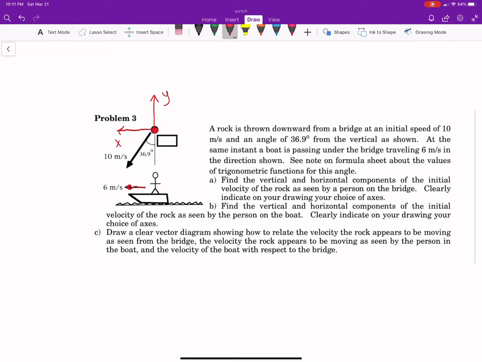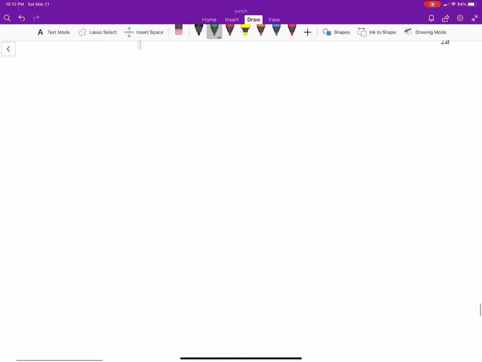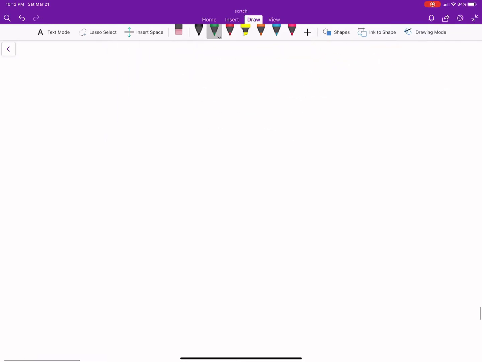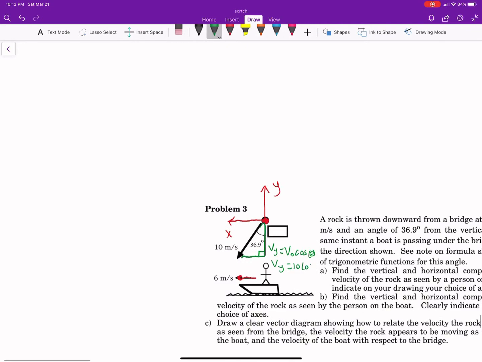Okay, so let's examine this triangle here. We have our velocity in the y direction, which is going to be equal to what? Our velocity times cosine of our angle, which is 10 times cosine of 36.9, that's just right here, that's 0.8, or just 8 meters per second.